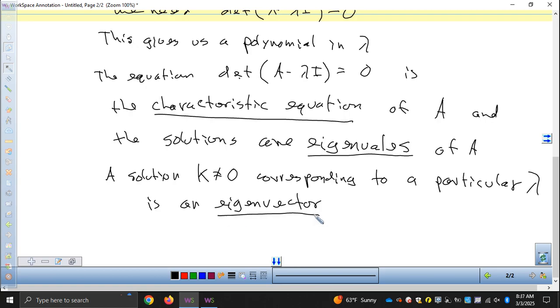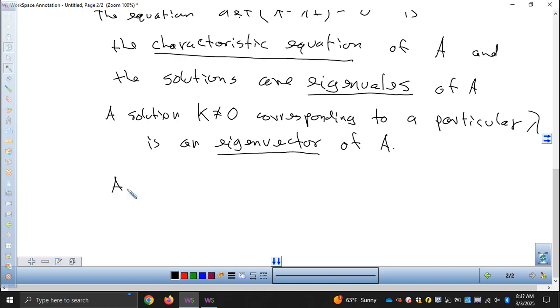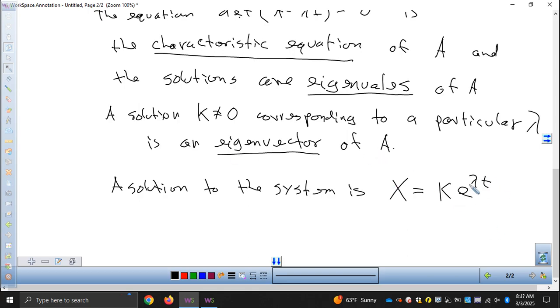So we have the characteristic equation, the eigenvalues, and the eigenvectors of matrix A. And a solution to the system then is x equals k, that eigenvector that we found, e to the lambda t, where lambda is the eigenvalue that we find.